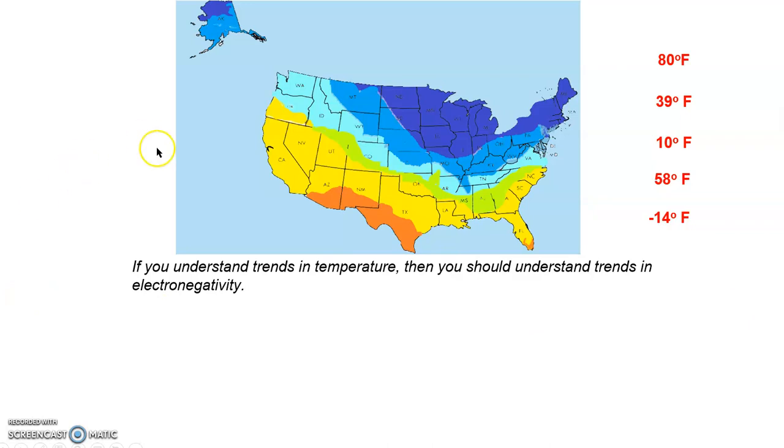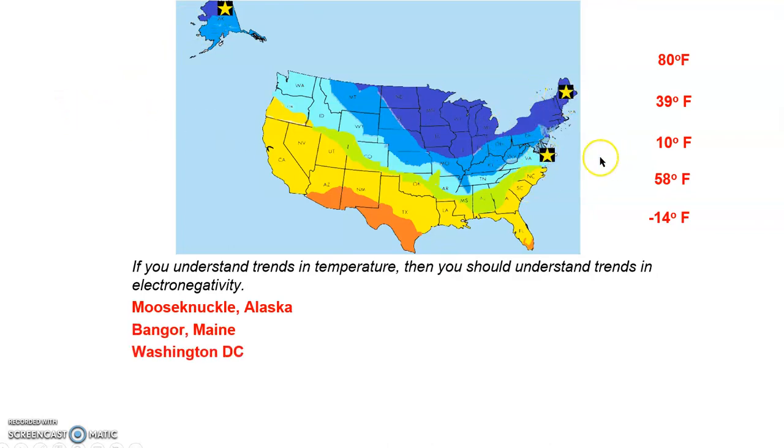So if we were to talk about the temperature in Moose Knuckle, Alaska, or Bangor, Maine, or say Washington, D.C., or Franklinton, Louisiana, or say Miami, Florida, and try to figure out which of these temperatures go with which place on the map, we could start out pretty easy, because we naturally assume that the very coldest temperature would end up being in Moose Knuckle, Alaska, and it almost certainly is.